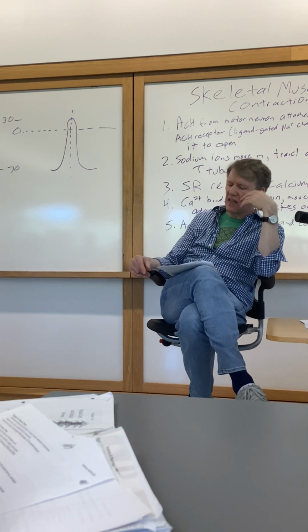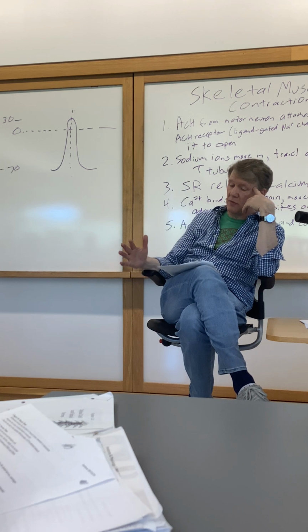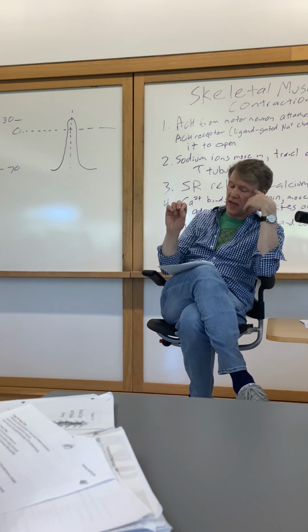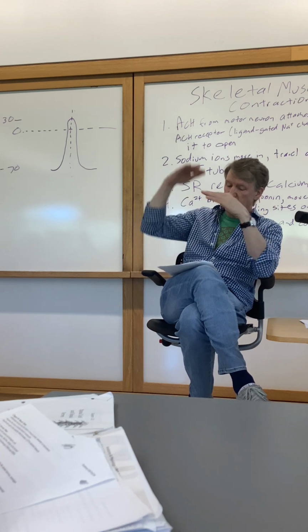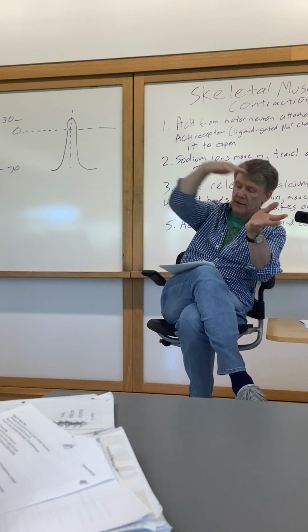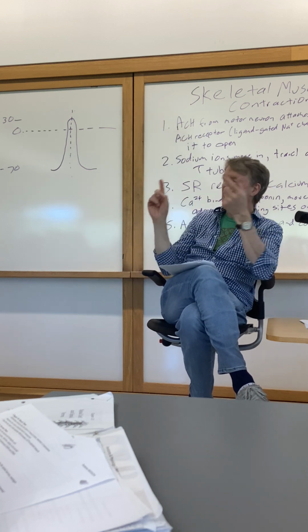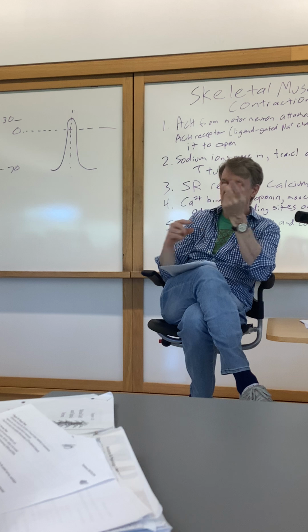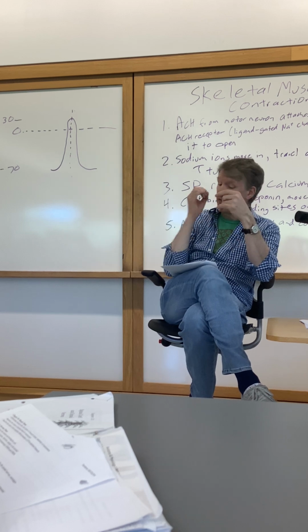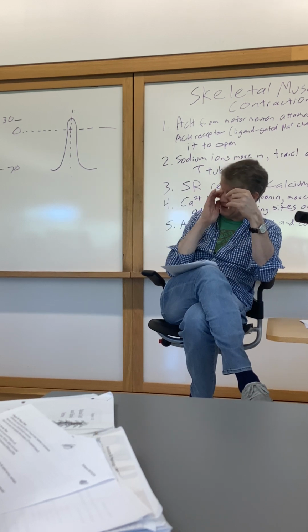It's mentioned in your PowerPoint, but I didn't really belabor the point. Intersegmental just means the sensory neuron goes in, gives off branches that go to multiple spinal cord levels, and then motor neurons come out from there. The flexor withdrawal reflex is a good example of intersegmental. The crossed extensor reflex is also a good example of intersegmental.